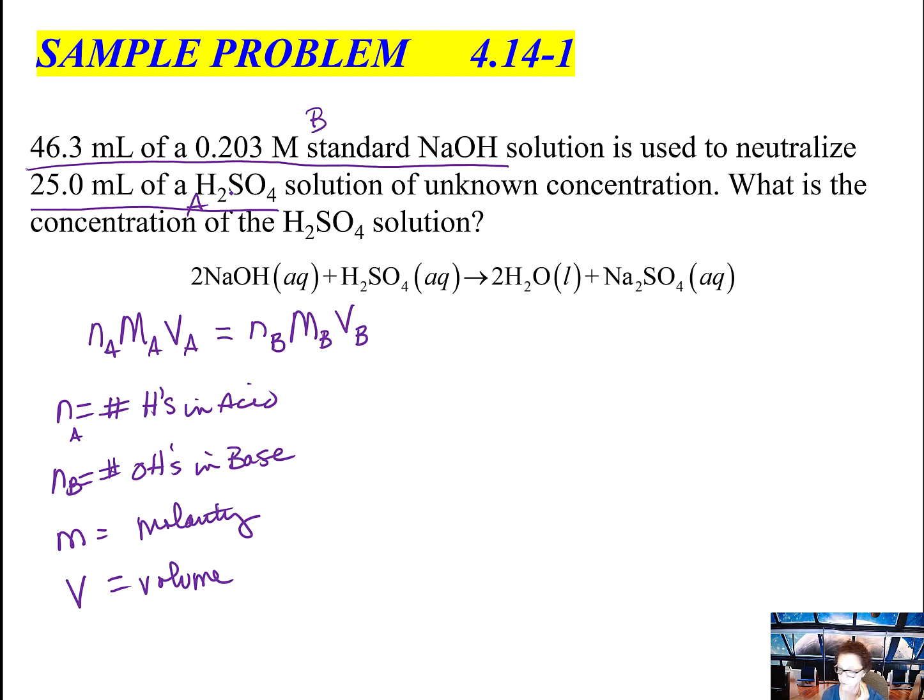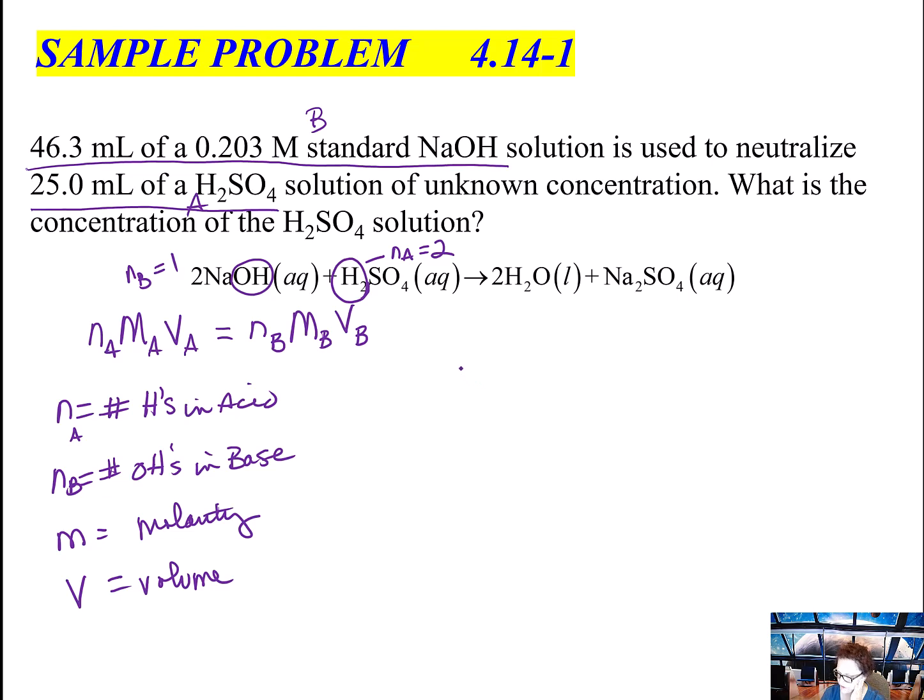That's very important, and it doesn't matter what the coefficients are. It's the formula that we're going by. So sodium hydroxide has one hydroxide in it. Sulfuric acid has two hydrogens, okay? So my N sub A is going to be 2. My N sub B, number of OHs, is going to be 1.